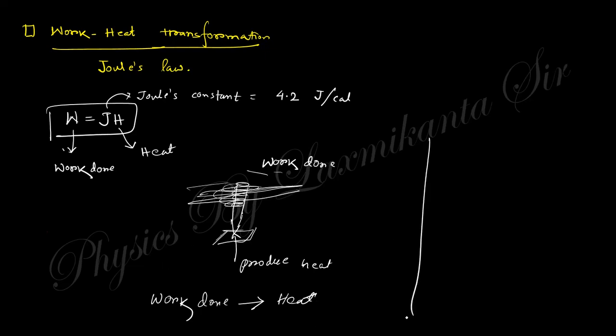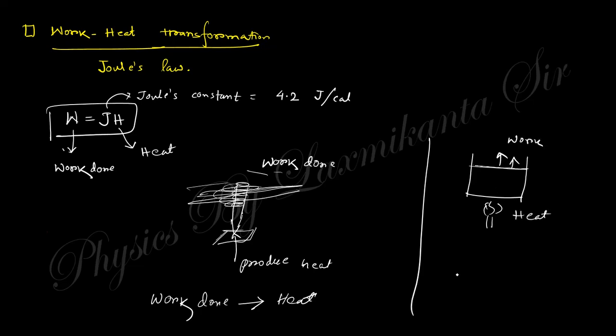And the reverse, heat can do work. Suppose there is a piston and a cover, and if you heat it up, you can see it is displaced upward. This displacement is nothing but work done, and this is heat.